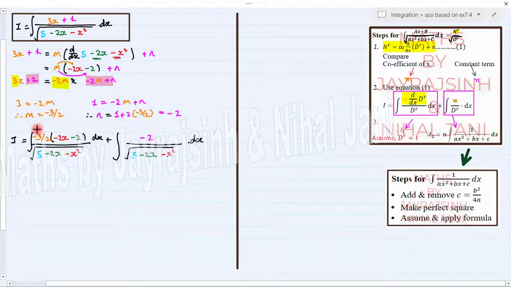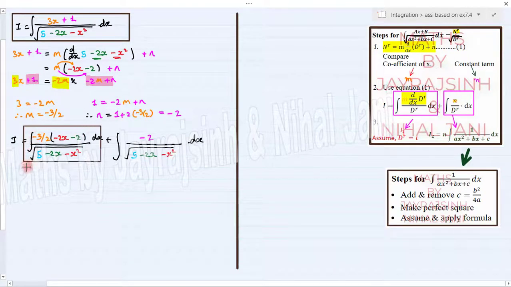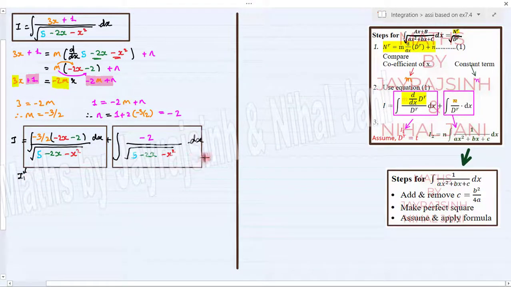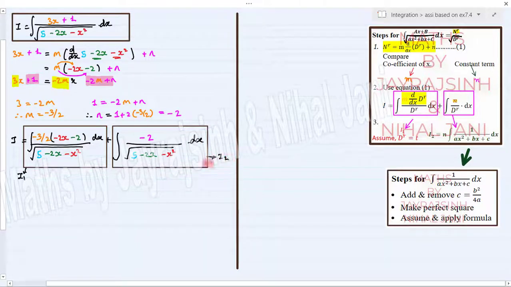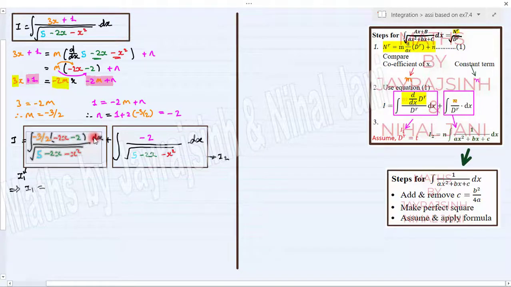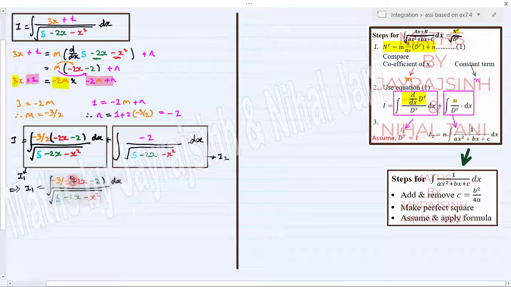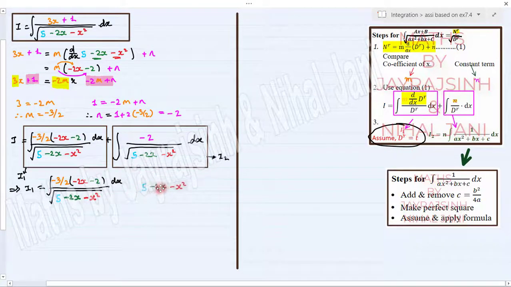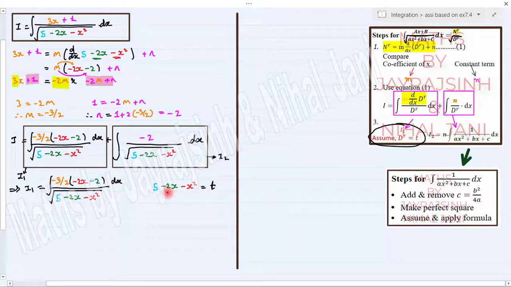So we get two terms. Your first term will be considered as I1 and the second term is considered as I2. So let's integrate one by one. Let's begin with I1, and we know that to integrate I1 we have to assume the denominator is equal to t and differentiate both the sides.